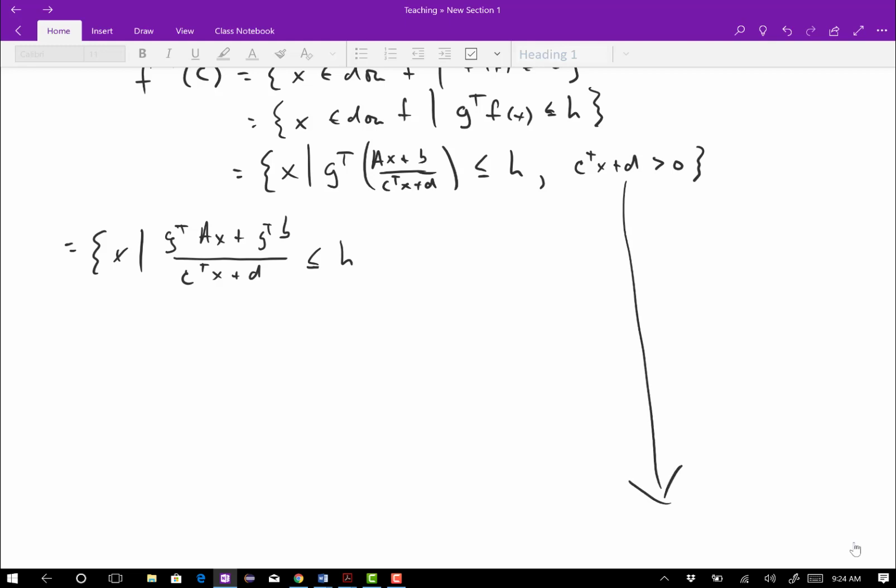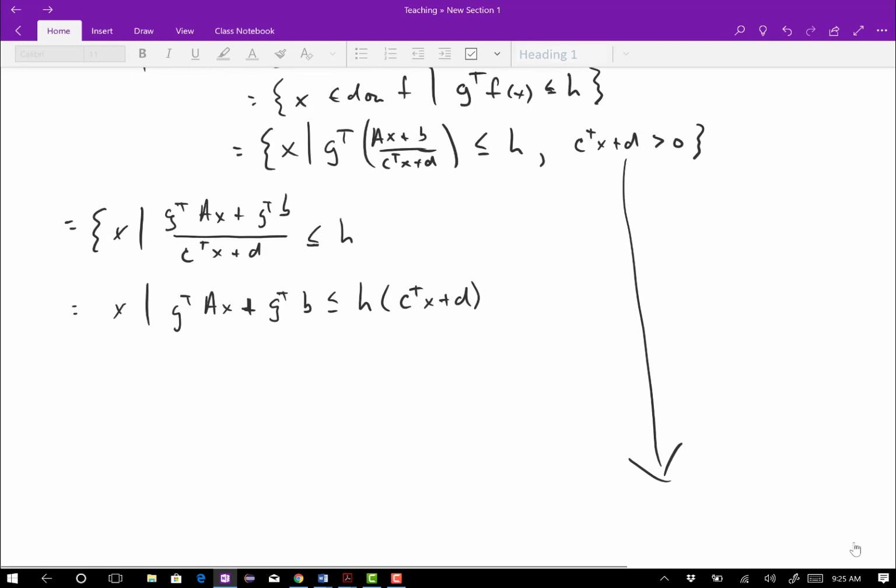I'm not going to keep rewriting it. We'll just assume it's in every line. And now I'm just going to manipulate this equation. So this is going to be x such that G transpose ax plus G transpose b is less than or equal to H times C transpose x plus d. So I'm multiplying both sides by C transpose x plus d.